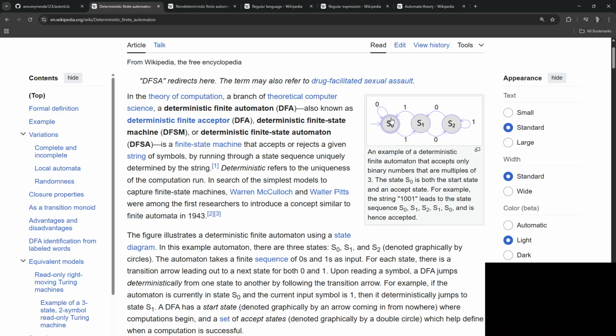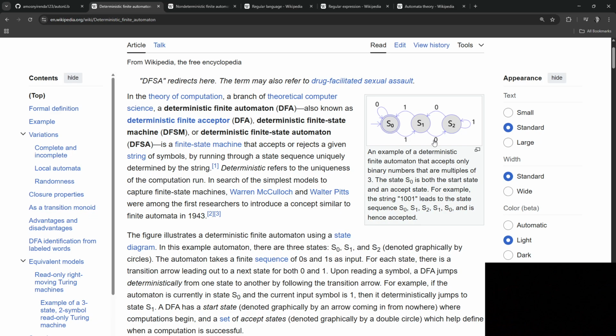So if you look at S0 and we examine all the outgoing transitions, you see that for every outgoing transition, we have a unique symbol that we are reading. So we don't have, from S0, 2 transitions with the symbol 1 going out of the state S0.